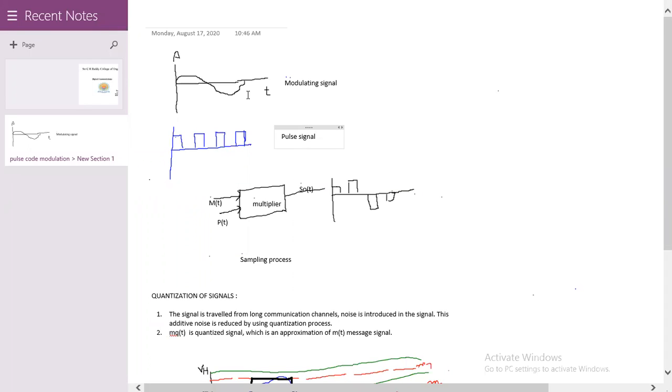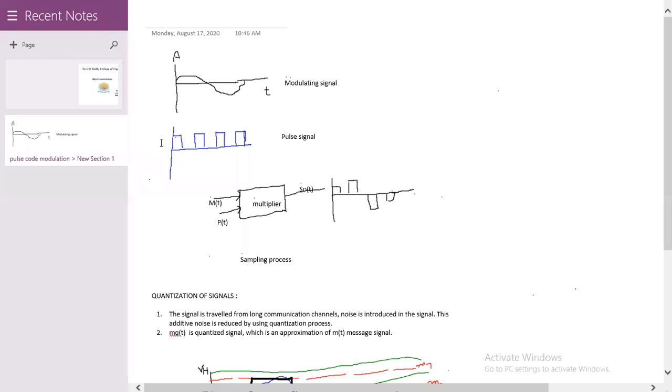The width of this pulse is very narrow, so we can consider it an impulse signal, or generally take it as a pulse signal. The sampling process is nothing but the multiplication of the low frequency signal with a high frequency pulse signal or impulse signal.